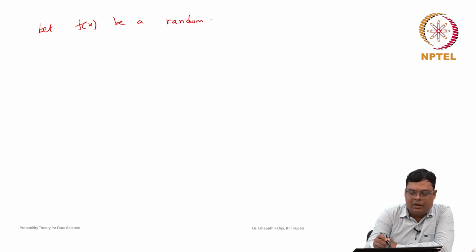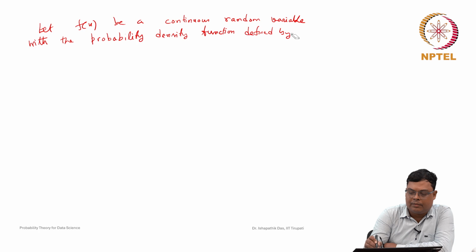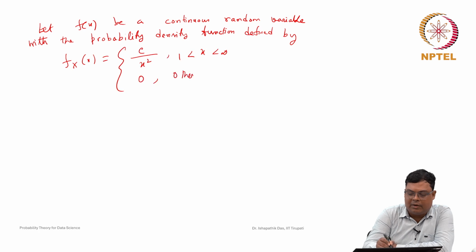Here also, let us consider this function. Let X be a continuous random variable with the probability density function defined by f of x is equal to c by x square whenever x is greater than 1 and less than infinity, and 0 otherwise.